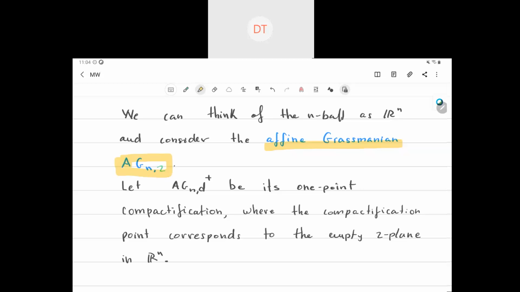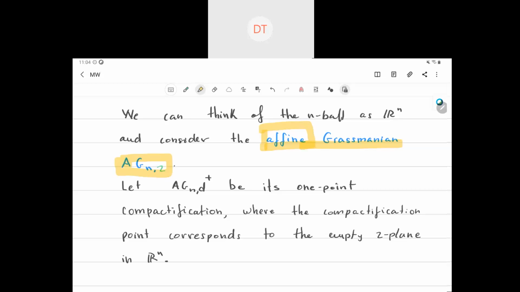So that's what the affine means here: the planes need not pass through the origin. So as we scan our surface S and move around our bubble, our lens, we are getting points of the affine Grassmannian.